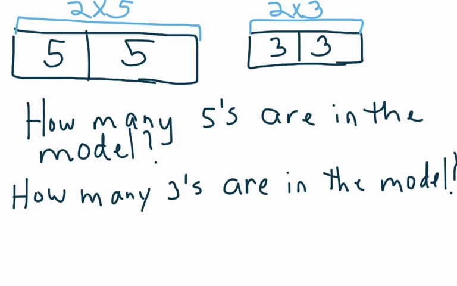So the questions I have on here: how many 5s are in the model? There are 2 5s. How many 3s are in the model? There are 2 3s. That's where the 2 comes from. Obviously the 5 comes from the number in the box, so again it becomes 2 times 5 and 2 times 3. Okay?